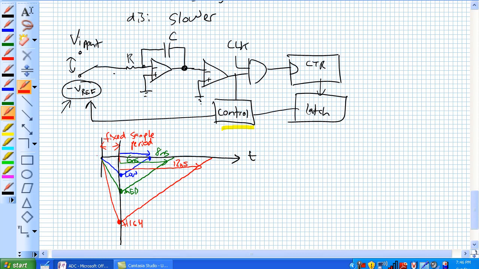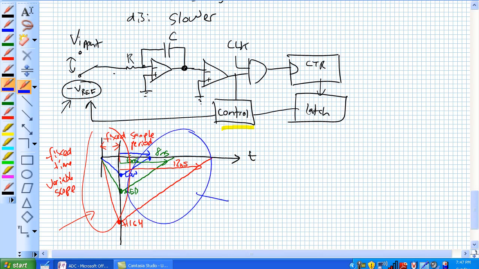Okay, so this portion of it, this side: fixed time, variable slope. That's the read, basically the sample portion of it.